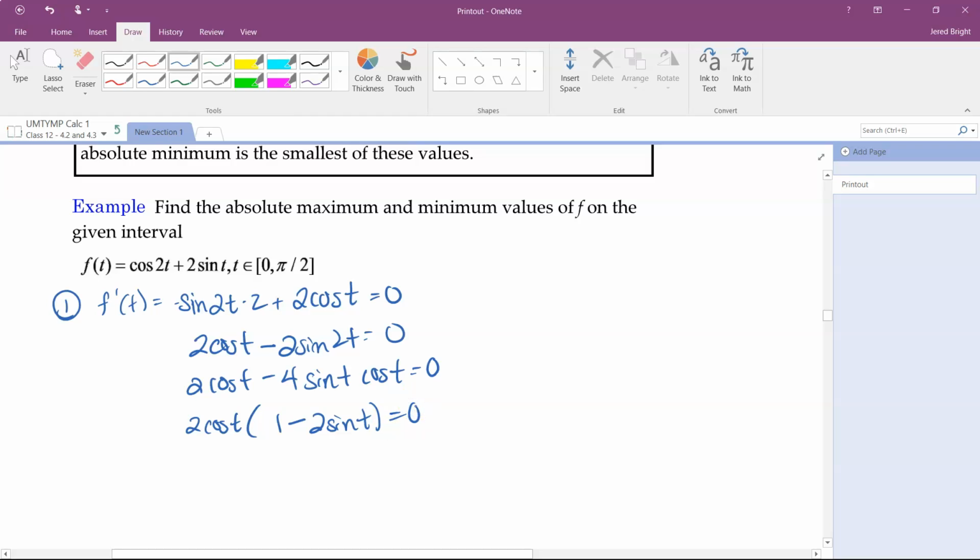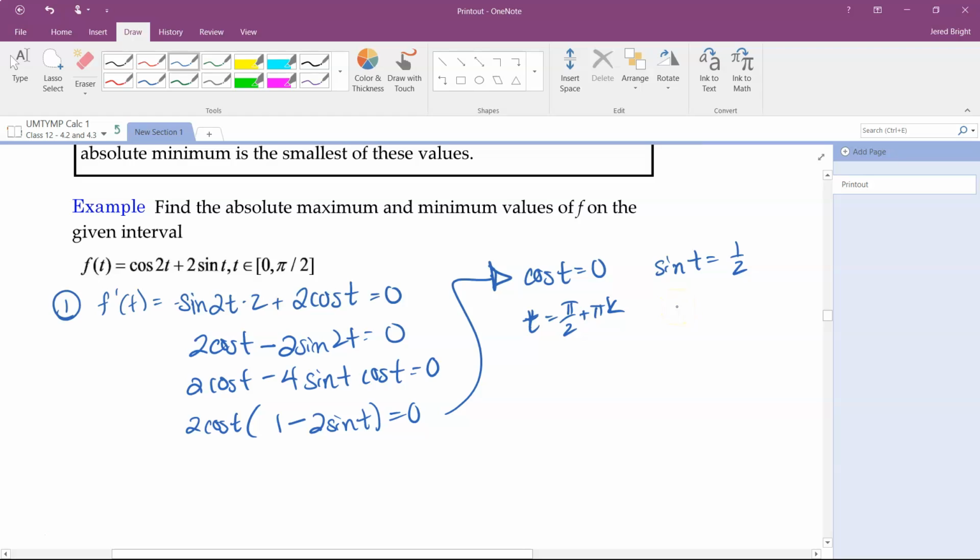is equal to 0. And now I can use the zero product property and say, okay, well, cosine of t is equal to 0, or if I manipulate this a little bit, sine t is equal to 1/2. And then I can find values of t that satisfy this. So this would be pi over 2 plus pi k.